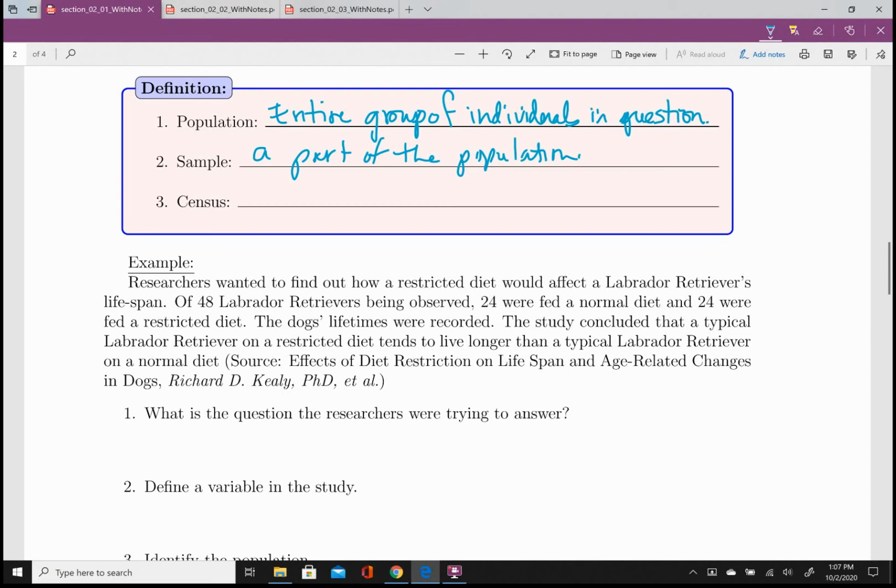Now, this next term that we want to define is census, and when you take a census, you are taking data on all members of the population. So, data collected on all members of a population.